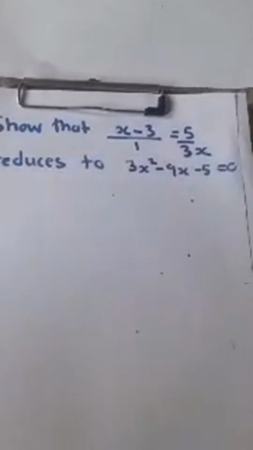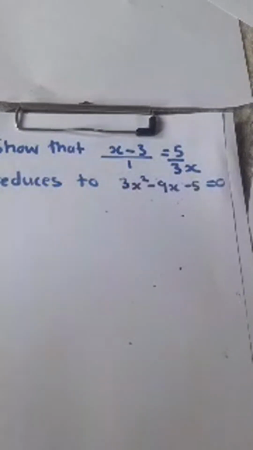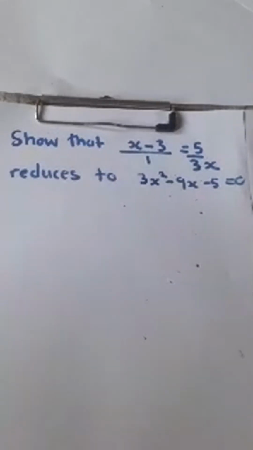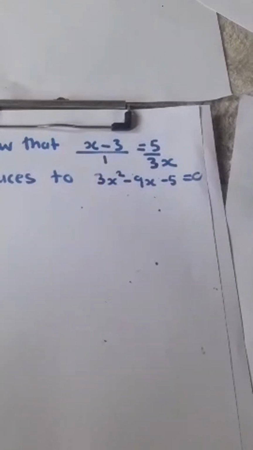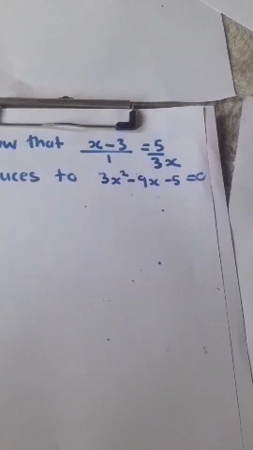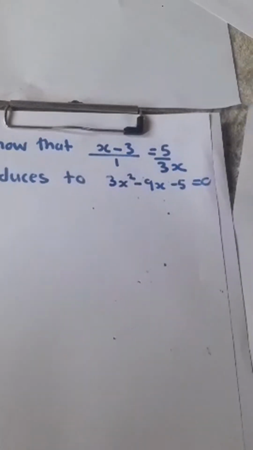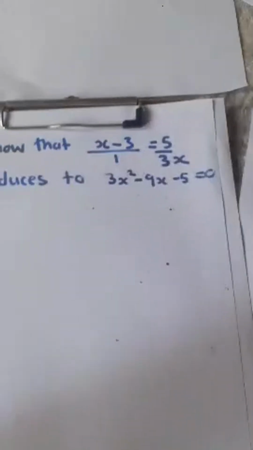Show that (x minus 3) over 1 is equal to 5 over 3x. Show that this equation reduces to 3x squared minus 9x minus 5 is equal to 0.